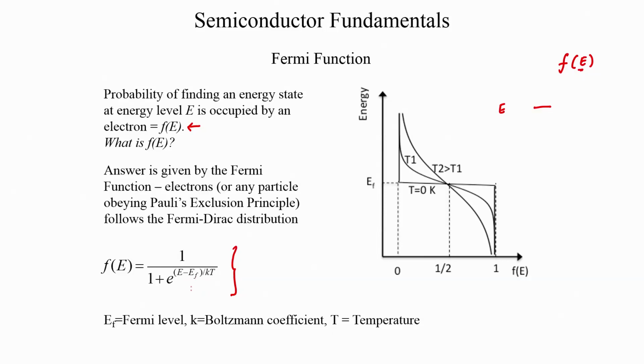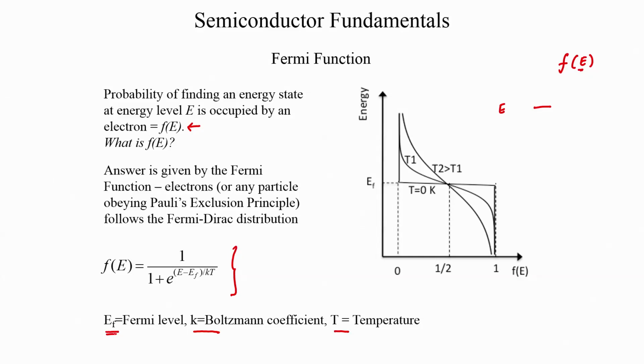In this function, k is Boltzmann's constant, T is the temperature, and Ef is something called the Fermi level. It is an energy level which has a special implication in semiconductors. It is a technical term, and we will continue using it, and we will typically use the symbol Ef to denote the Fermi level.